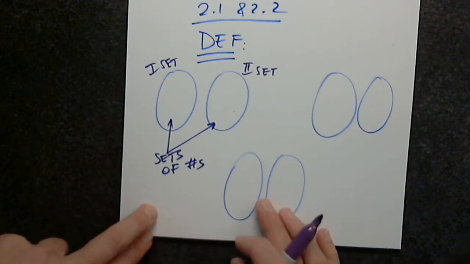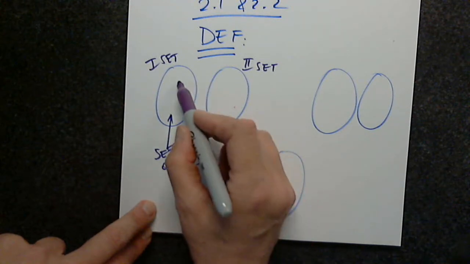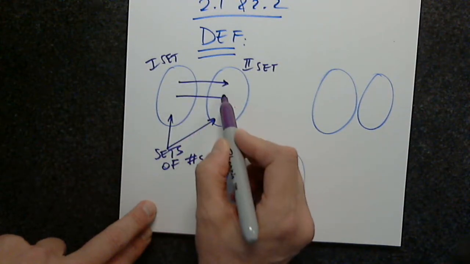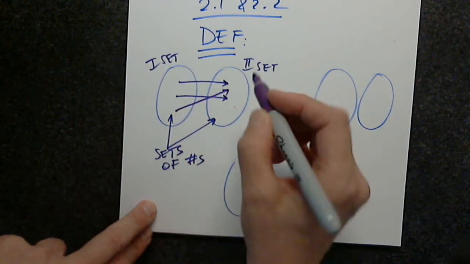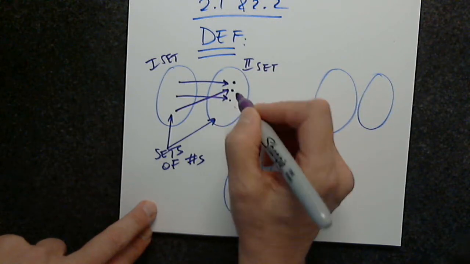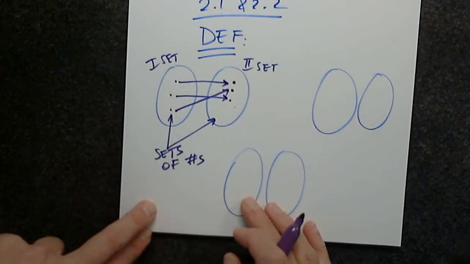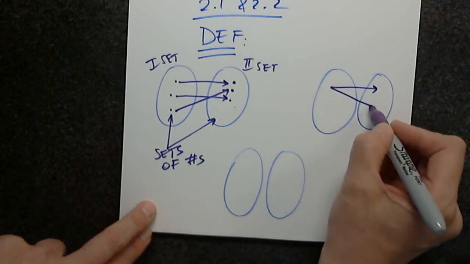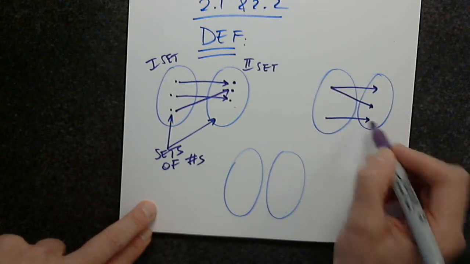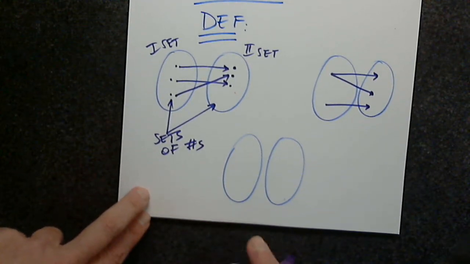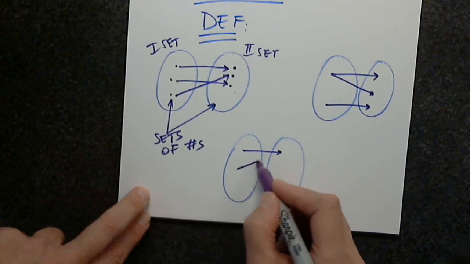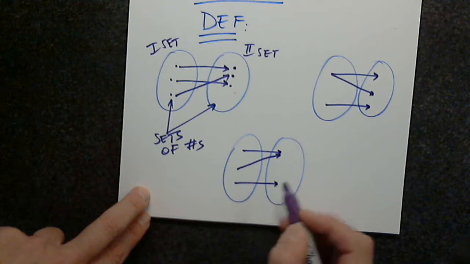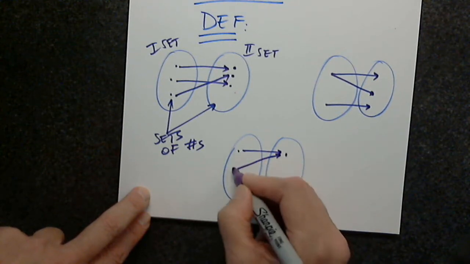And I'm going to create a connection between them. Here's the way I create the connection. This is one number, this is another, and so on and so forth. In the second situation, I'm going to do this. And in the third, I'm going to do this. Of course, one number, different numbers.